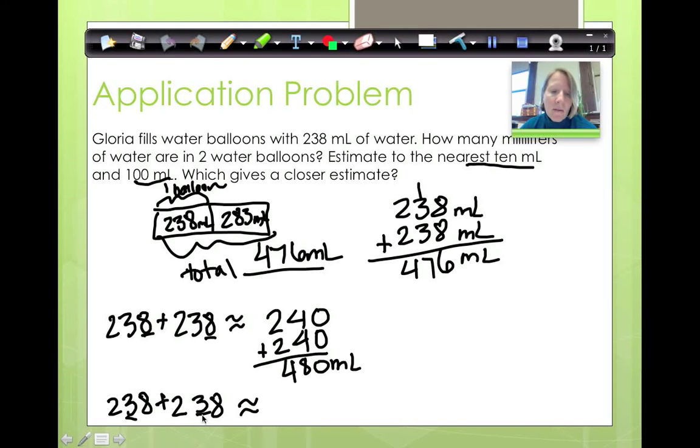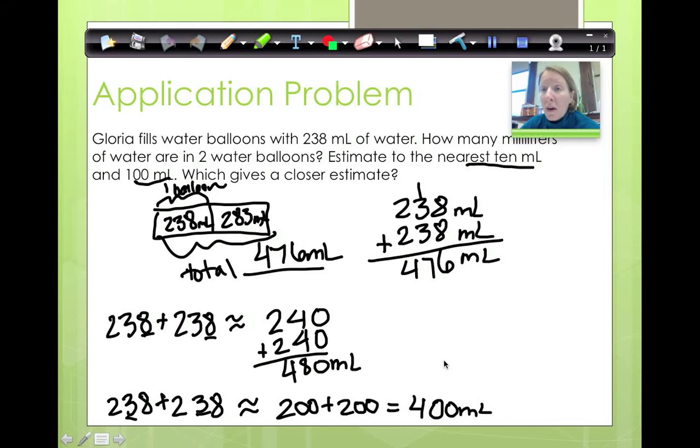We have below the halfway mark because between 0 and 100, the halfway mark is 50, right? So this is not a 50, this is 30. We're going to round down. So this one we have 200 plus 200. And I can do that one in my head, and that is 400 milliliters.